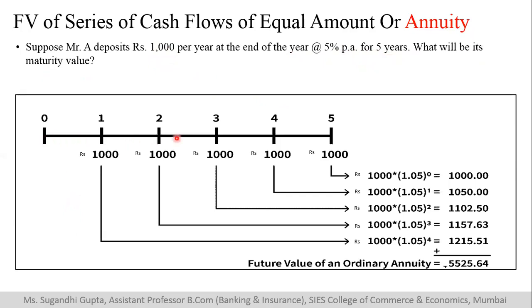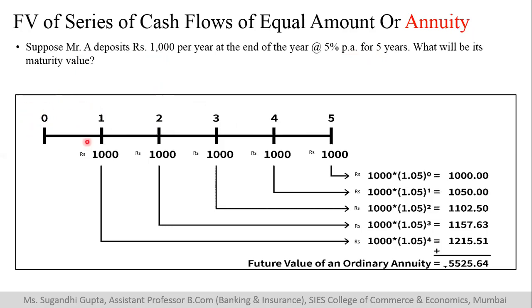So again, this is the time series. Instead of 3 years, I've taken 5 years because my deposit is for 5 years. So 0, 1, 2, 3, 4, 5. Now understand, when Mr. A deposits his first installment, this is today, he is depositing at the end of the first year.